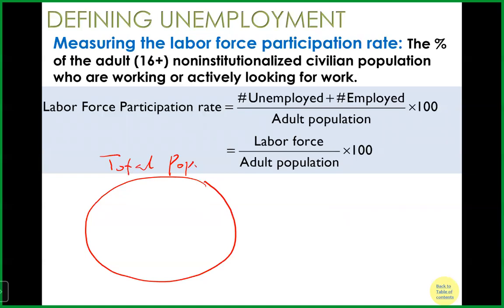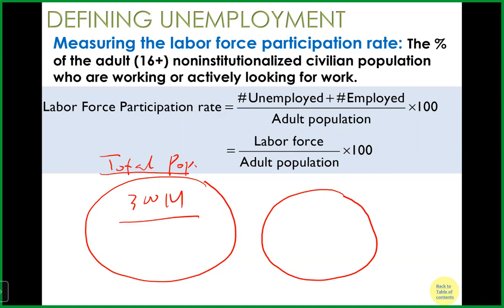But this is not very useful for studying the labor market. So we are going to look at a smaller one. Let's draw another, smaller circle. That's our starting point. Instead of looking at the total population, which is roughly 300 million, we are going to look at the adult population.